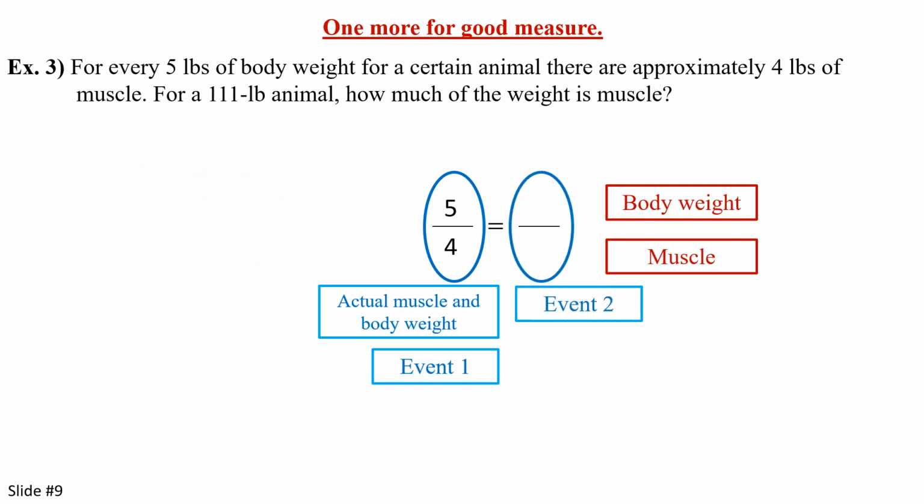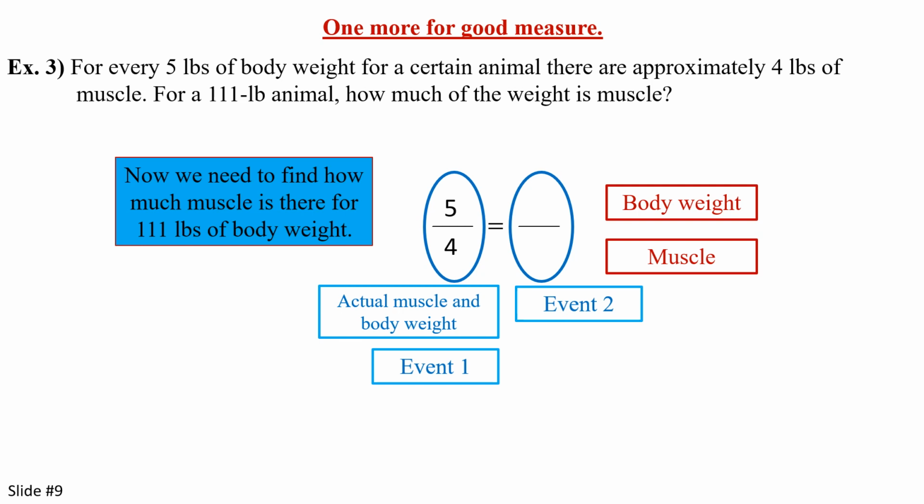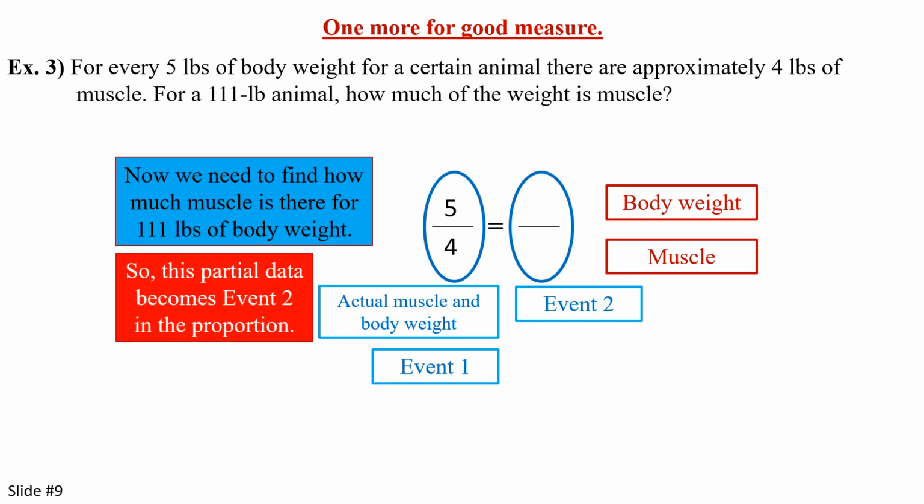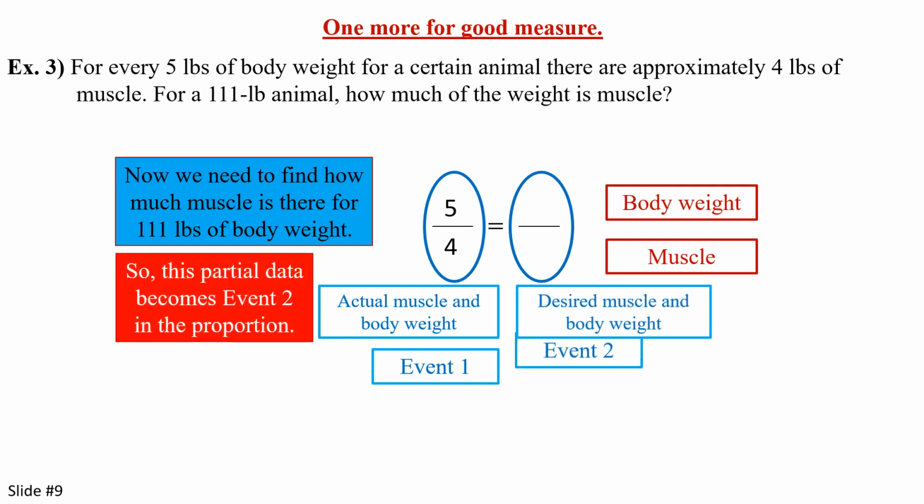And for my second event, I know that I have a body weight of 111 pounds. So that's the data I'm going to use for event 2, desired muscle and body weight. So I know I've got 111 pounds for body weight.